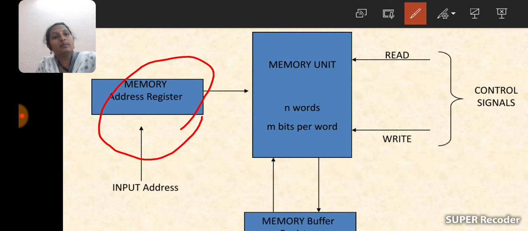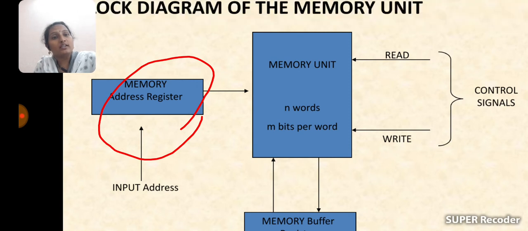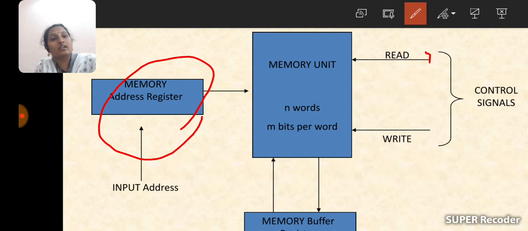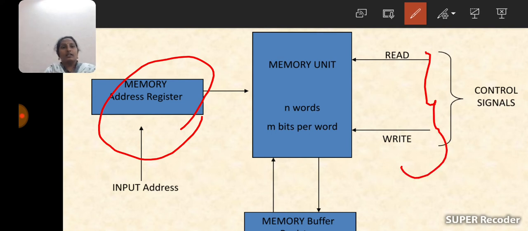The memory unit also consists of 2 control signals. One signal is called read and the other is called write. Read means if we apply the pulse across this read terminal, the data is recalled from the memory. If read is equal to 1, we can recall the data from any one of the locations in the memory.